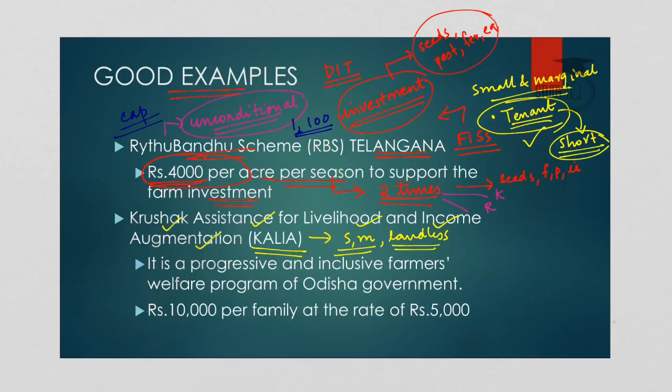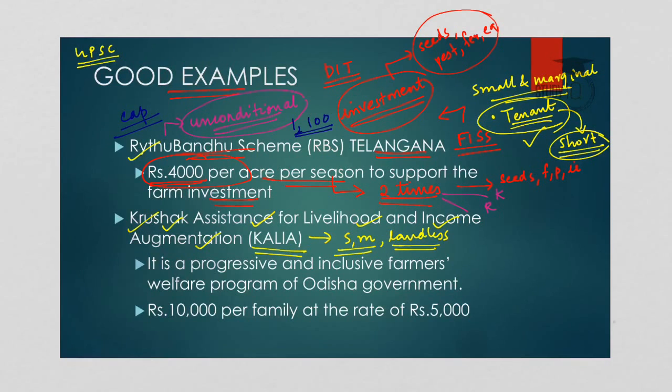But in case of Rythu Bandhu in Telangana, landless farmers or the tenants are excluded. So you can make a comparison as well. For example, if a question is asked in the UPSC Mains examination to comment on direct income transfer, you can give these two examples and compare both the schemes: one is the Rythu Bandhu scheme and the second one is the KALIA scheme.